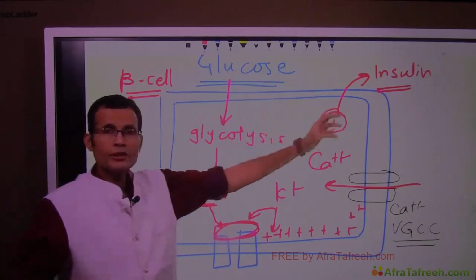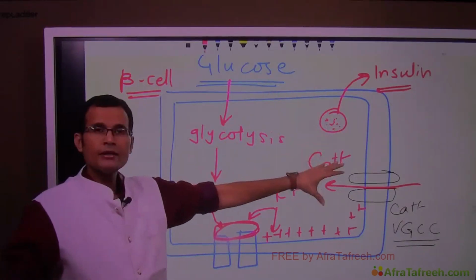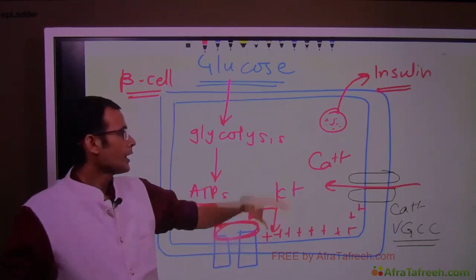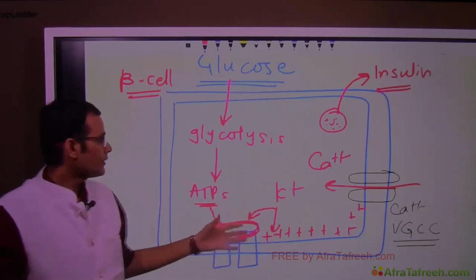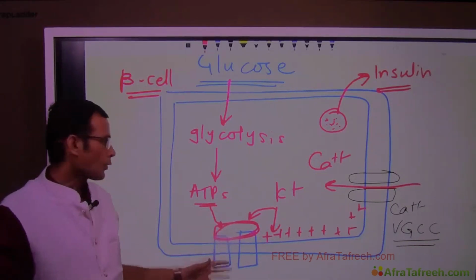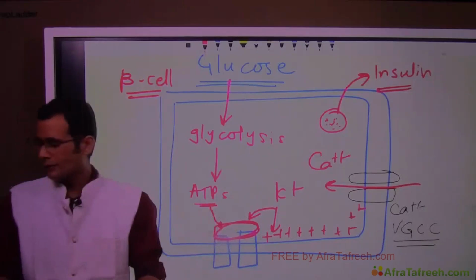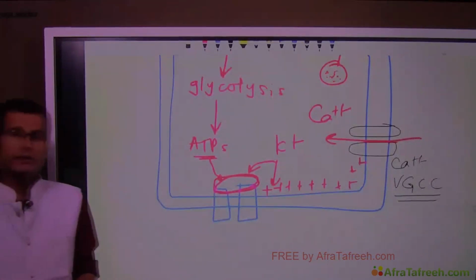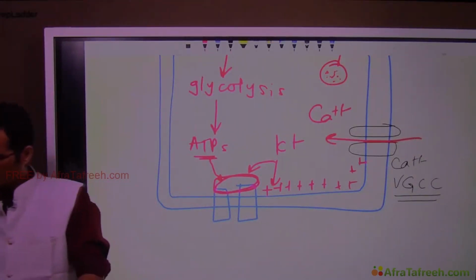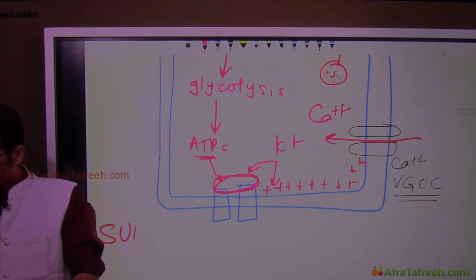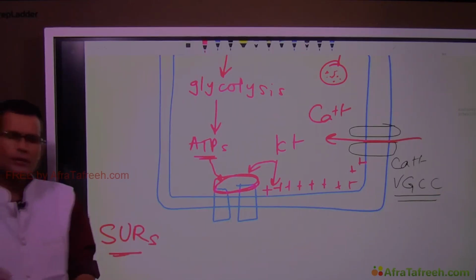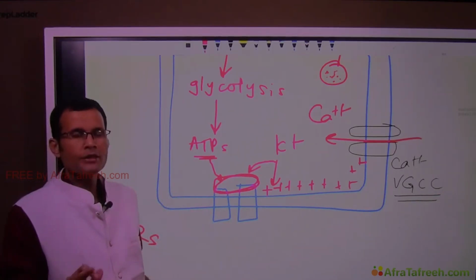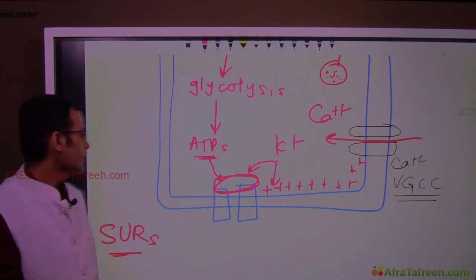For insulin secretion, the calcium inside the cell has to increase, and for that to happen, this channel, the ATP sensitive potassium channel, is very, very important. In fact, remember, there's a category of drugs called sulfonylureas.